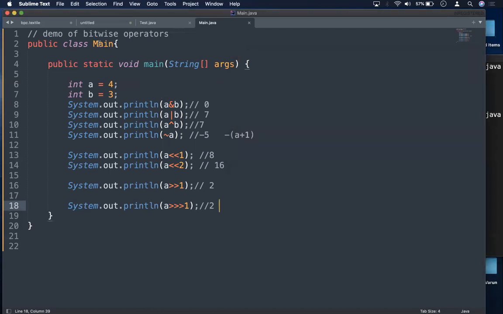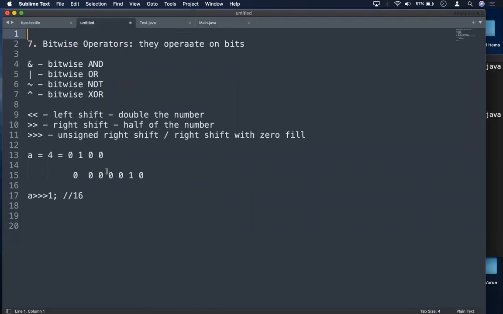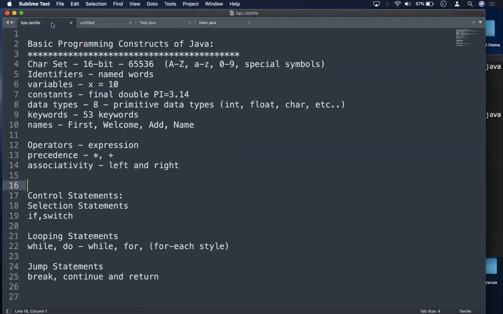So this is about the operators, all the 7 kinds of operators that we have seen as part of the basic programming constructs, and we have made 4 separate videos on these operators. Firstly, explaining what is an operator, what is precedence, what is associativity.